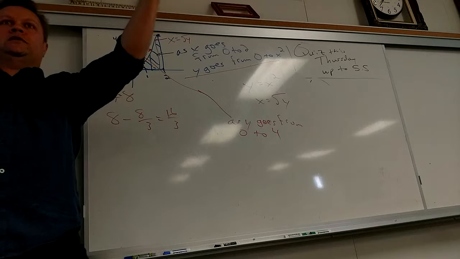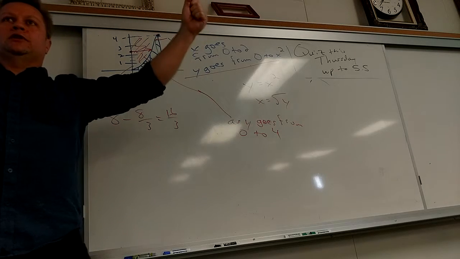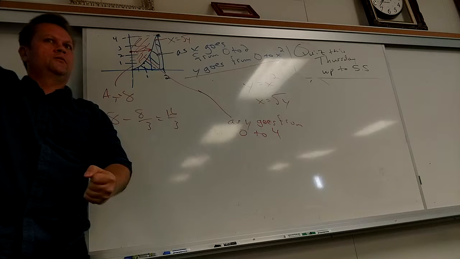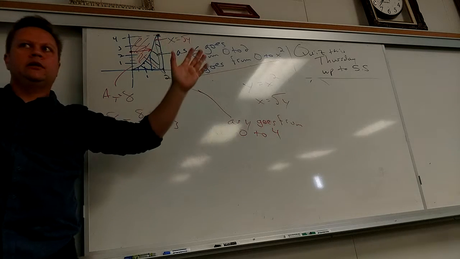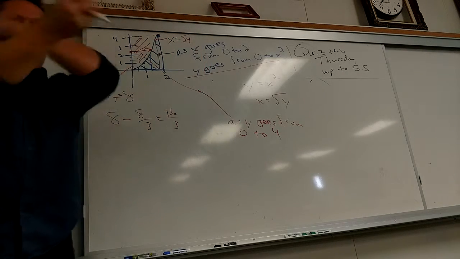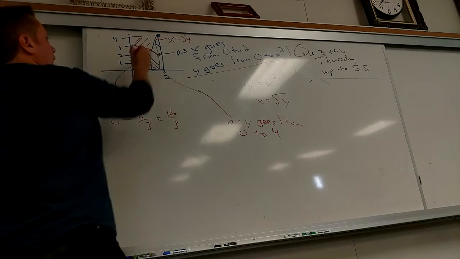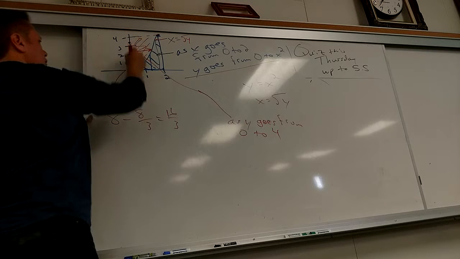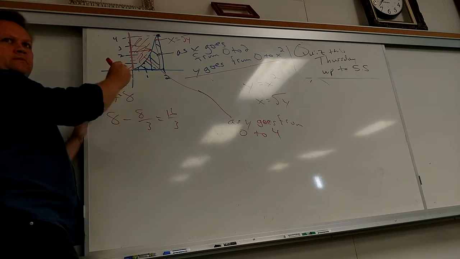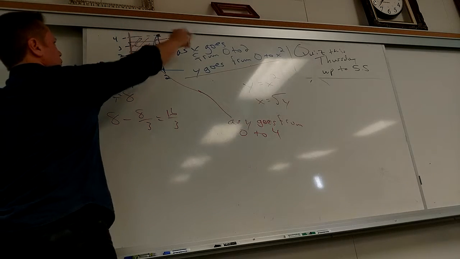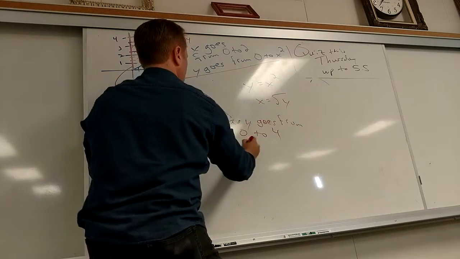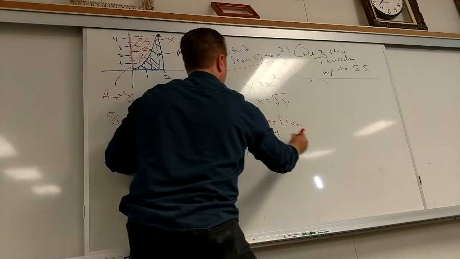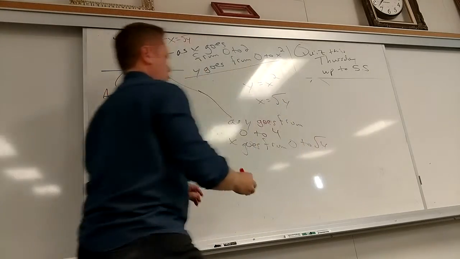Why is my coordinate system like that? Because I chose it. Can't I choose it like this? Of course I can. I can put it wherever I want to. X and y are completely arbitrary, just because. So as y goes from 0 to 4, x goes from 0, this is x equals 0, that's the y-axis, to x equals square root of y.